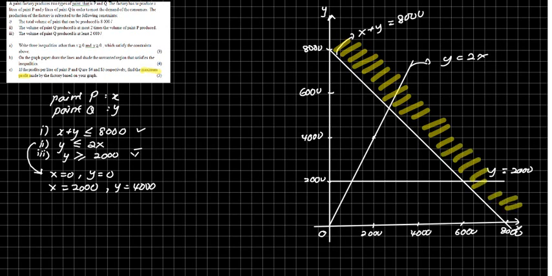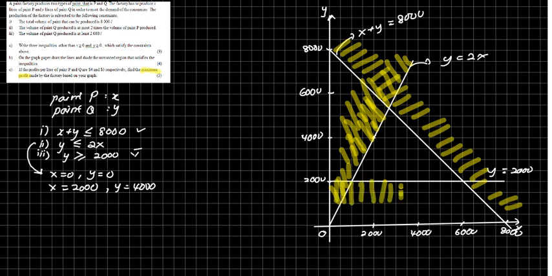For the second constraint, it should also be above the line. Always remember, in this question they ask you to shade the unwanted region, so you should go opposite. For the third, y greater than or equal to 2,000, we shade below the line, where y is less than 2,000.